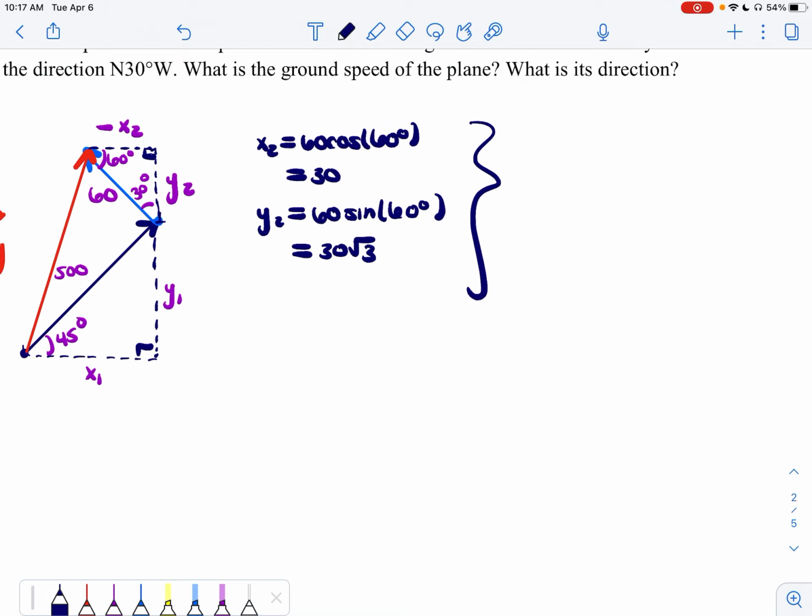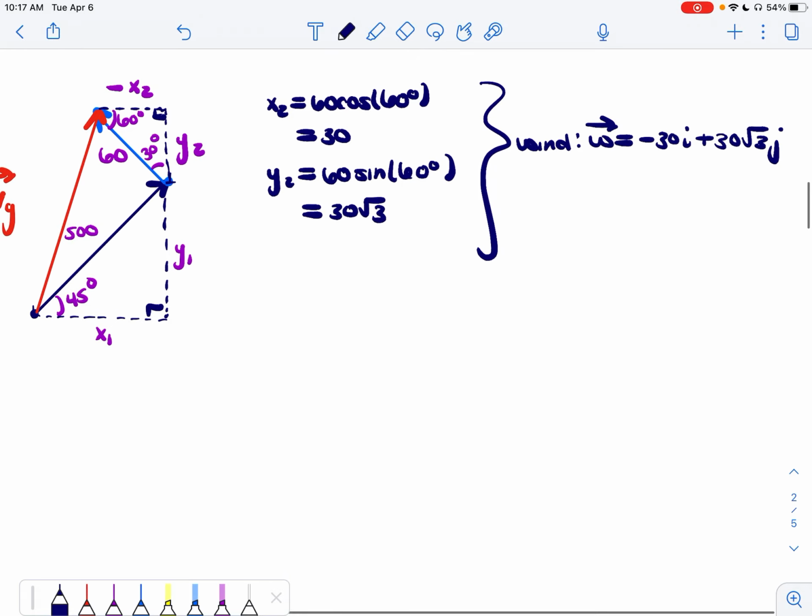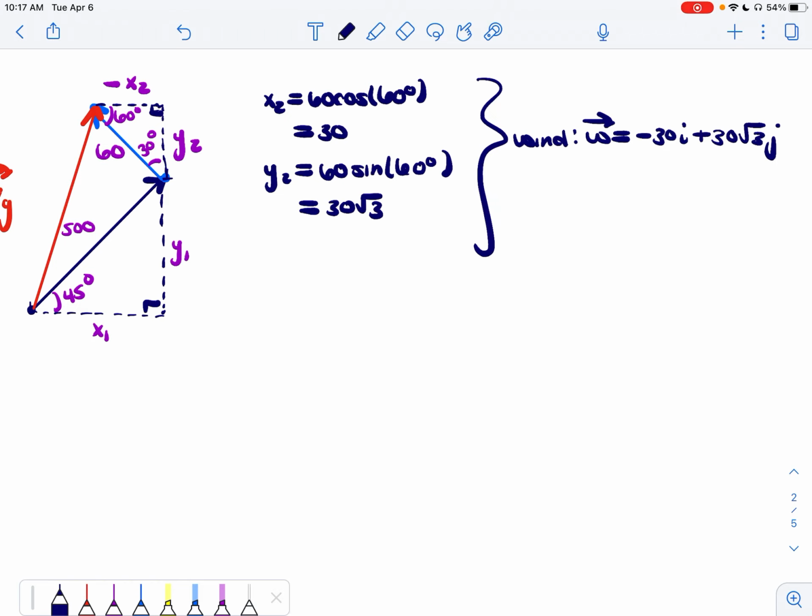Putting that together for the wind, we'll call that vector W. We would have negative 30i plus 30 root 3 j as our wind vector. All right, now let's deal with the plane.